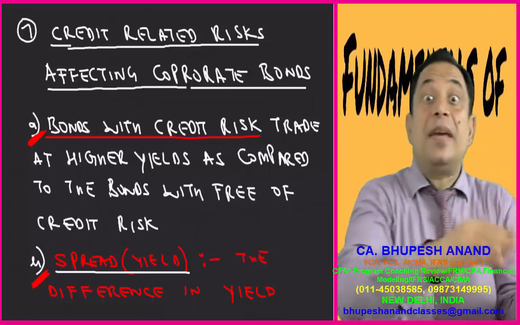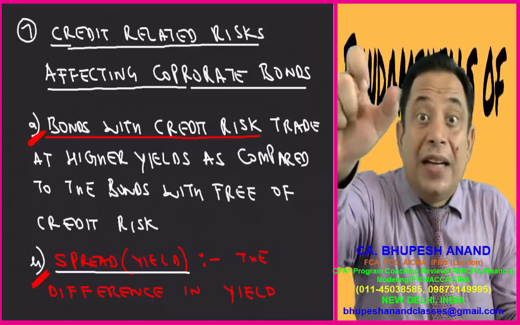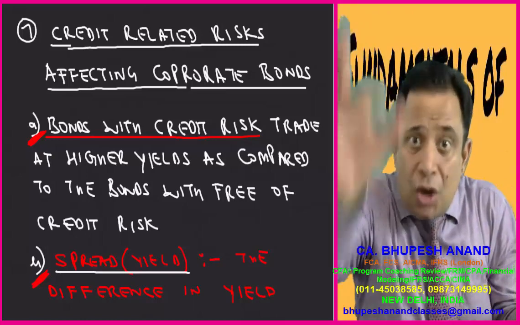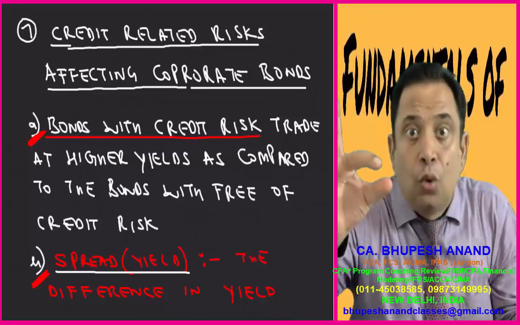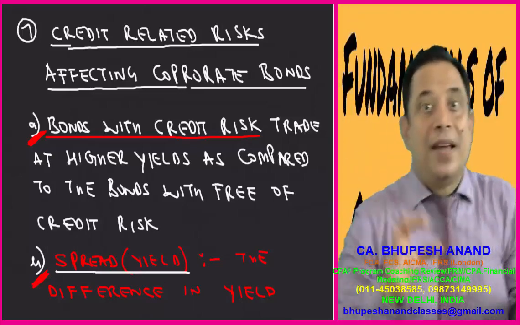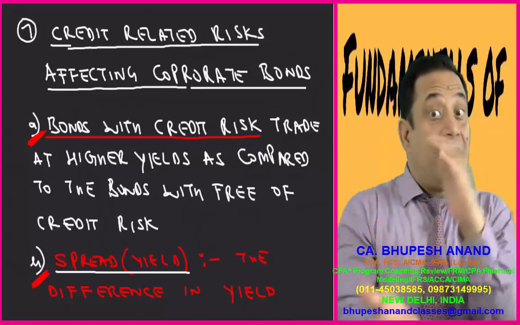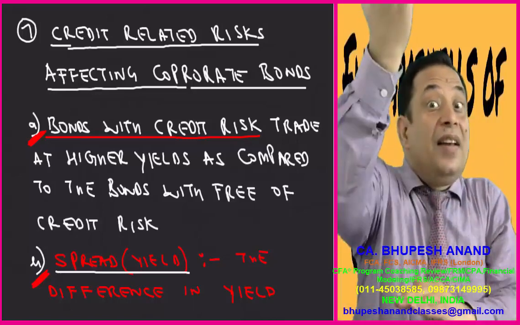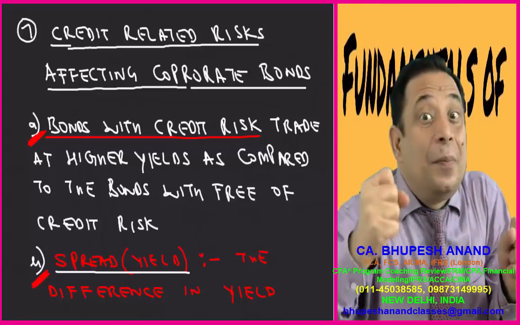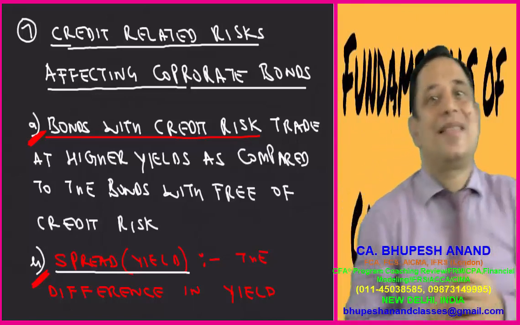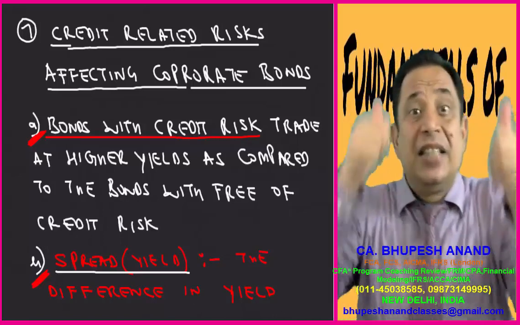Now because of some event happening there, due to internal or external problems, that AAA rating has been notched down to AA or to BBB. Now because of that, the spread will increase, and because the spread will increase, YTM will increase, and because YTM will increase, bond price will decrease. So this type of risk of credibility is named as downgrade risk. So there are two components we will be discussing: one is downgrade risk and second is liquidity risk.